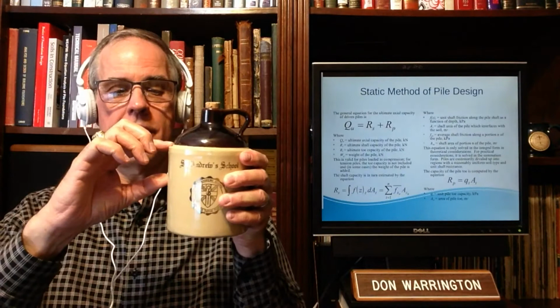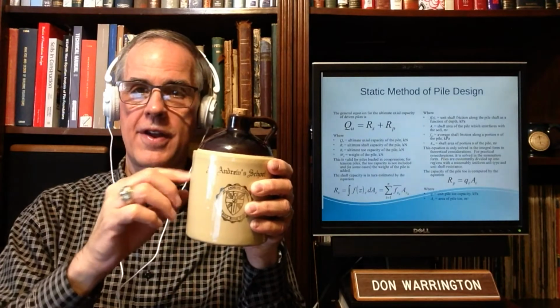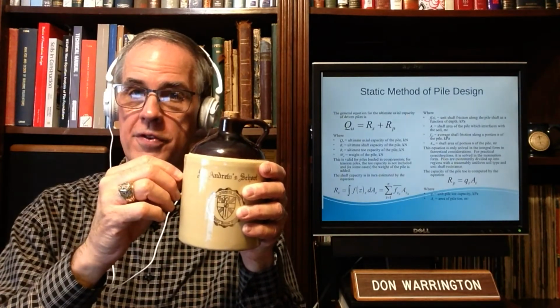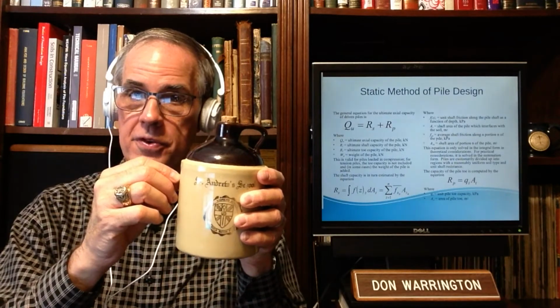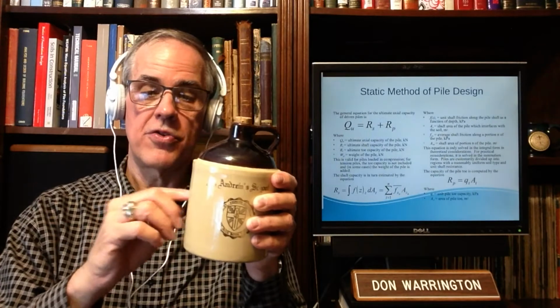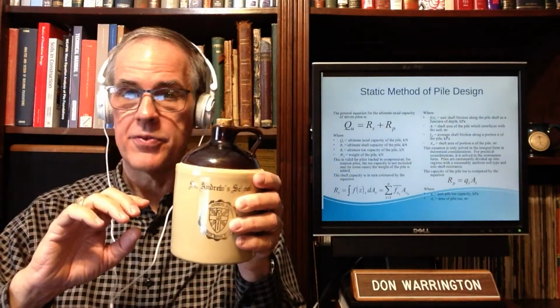You remember I had this part of the shaft and this part of the shaft. Say if this is split in half, this part of the shaft has a unit shaft resistance: pounds per square foot, kips per square foot, kilonewtons per square meter, times square meters or square feet gives you force. That's what this term is all about.